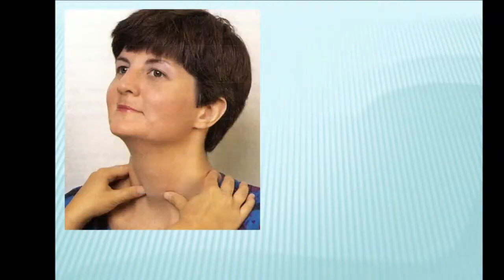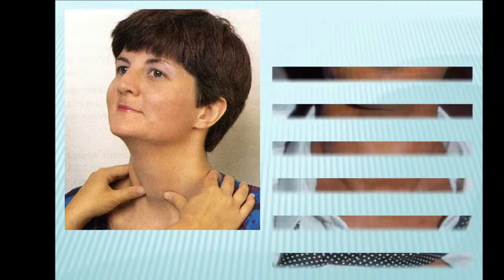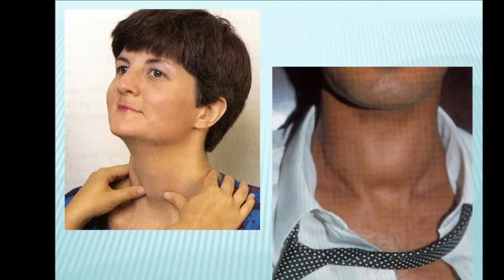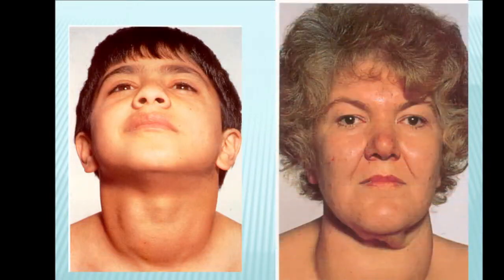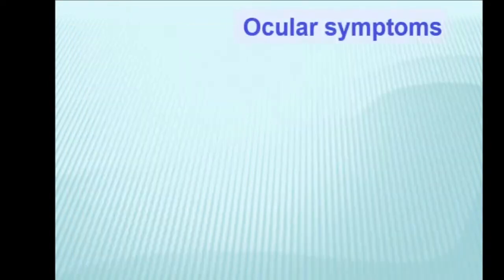Now you see a patient with zero degree, no problem with the neck, the thyroid gland will be revealed only by palpation. It is second degree because of visible deformation of the neck due to enlargement of the thyroid gland. Also, it is second degree because of significant visible deformation of the neck due to enlargement of the thyroid gland.